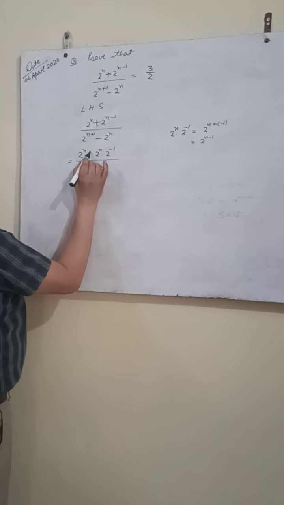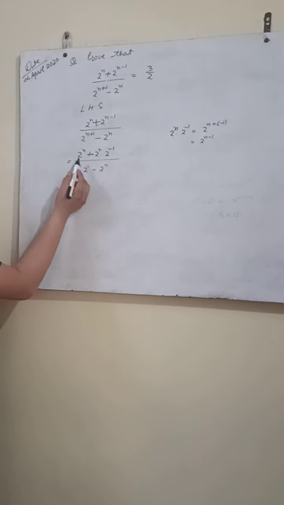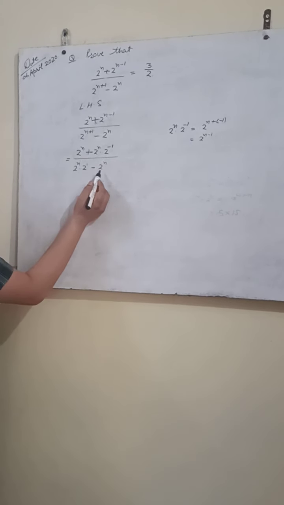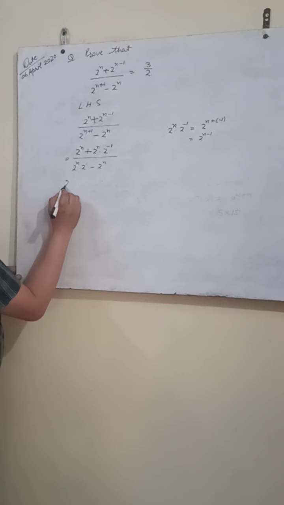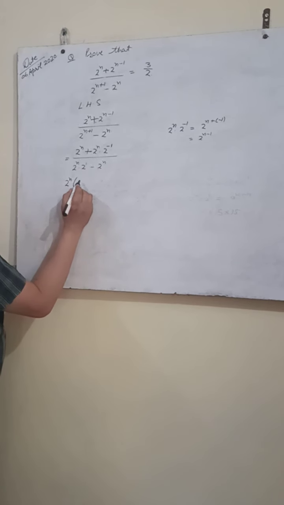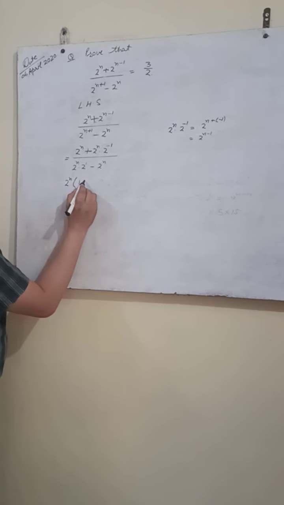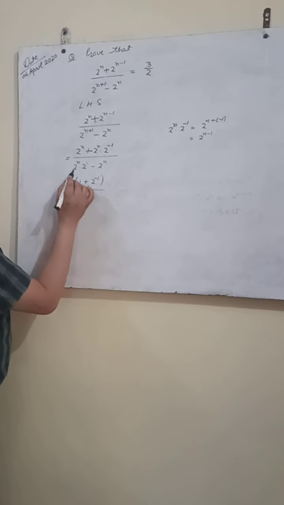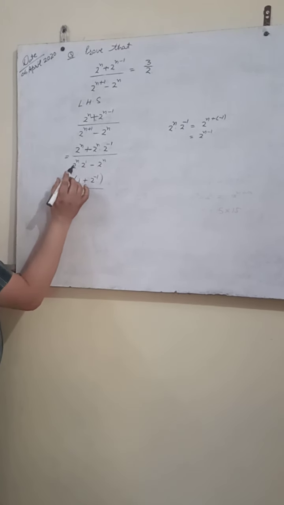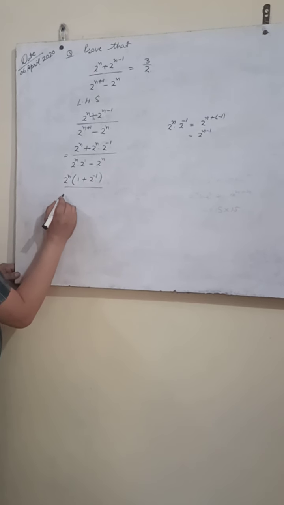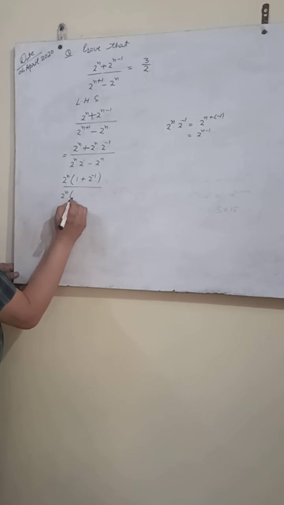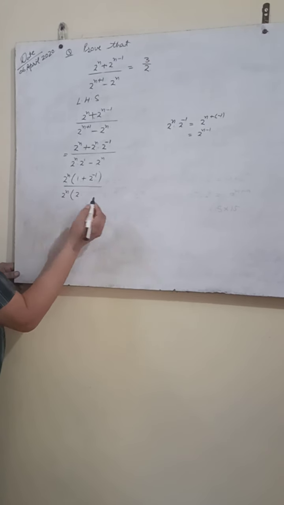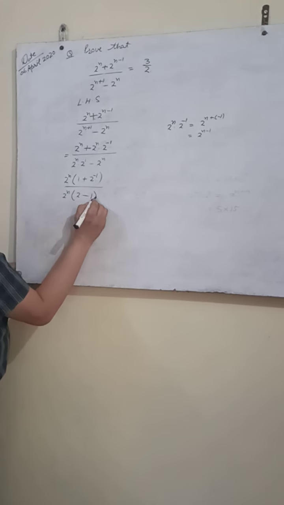Now here you see 2 power n is common in the numerator as well as in the denominator. Taking 2 power n as common, we have 1 plus 2 power minus 1 upon, here in the denominator, 2 power n is common, take 2 power n common and be left with 2 power 1, that is 2 minus 1.